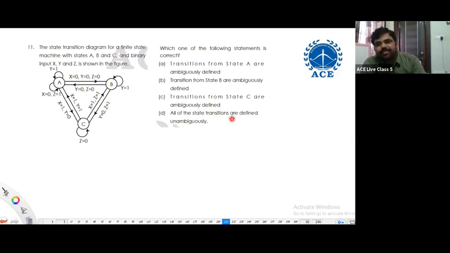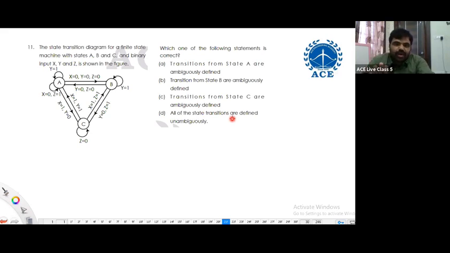That is called ambiguity. What do you mean by this? From a state, for one input condition, if the next state is only one, then the system can be designed. There is no ambiguity in that. But if from a state, for one input condition, next states are defined as two or more than two, that is called ambiguously defined.